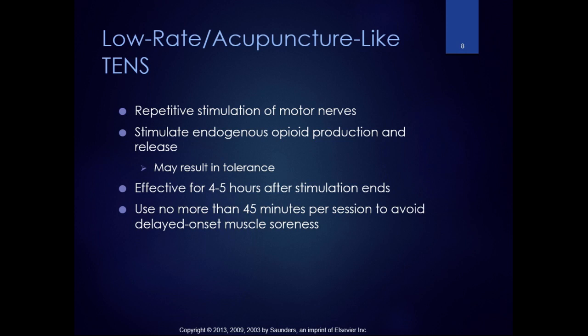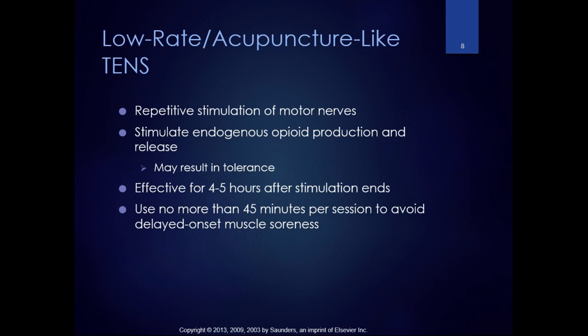The low rate TENS has a different effect. It's like 1 to 10 pulses per second, so it feels like a tapping almost, and we'll try it in lab. So instead of functioning with a gating effect, it stimulates endogenous opioid production and releasing of those endorphins and enkephalins and everything.